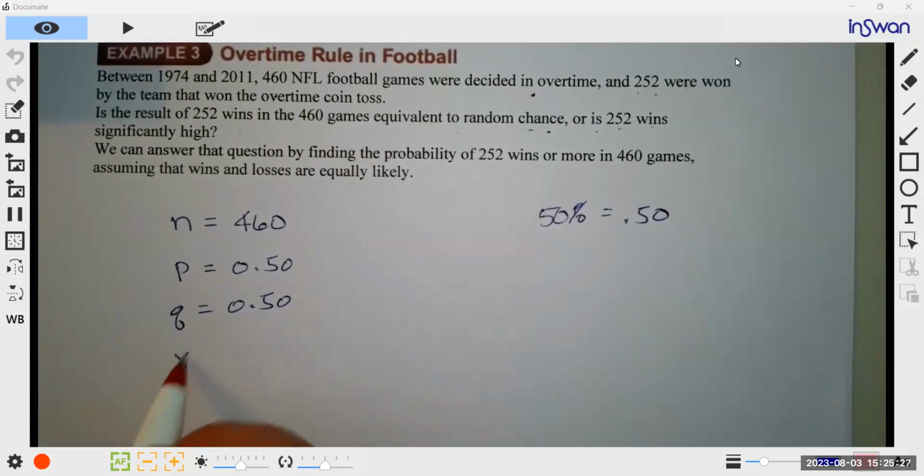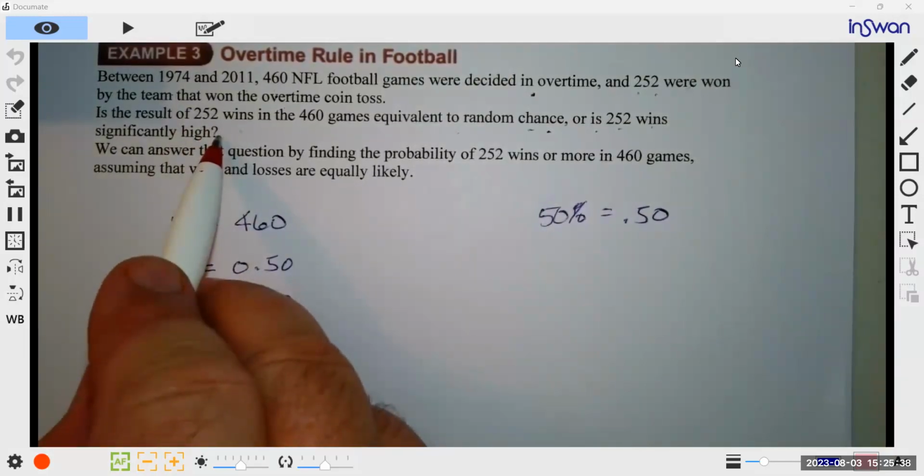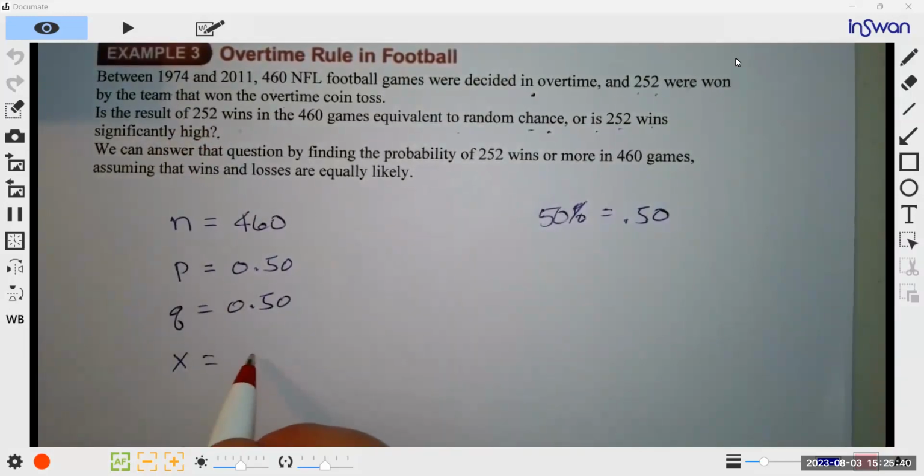Now, x, to find the true probability of all this, we have to go from 252 all the way to 460 and add them all together.